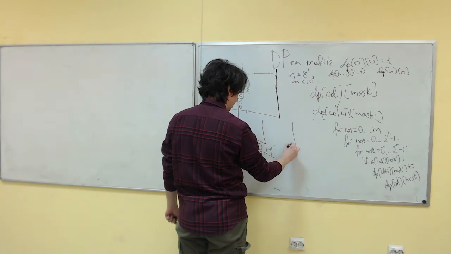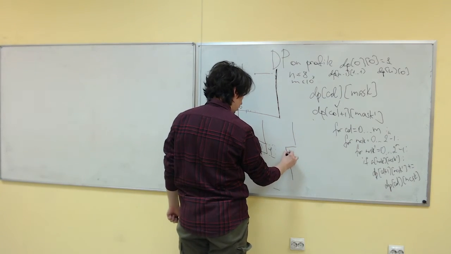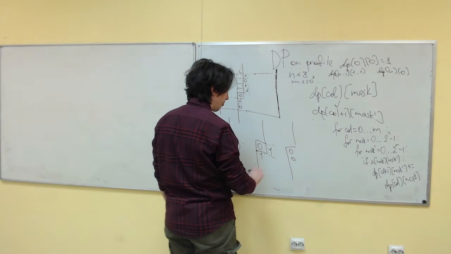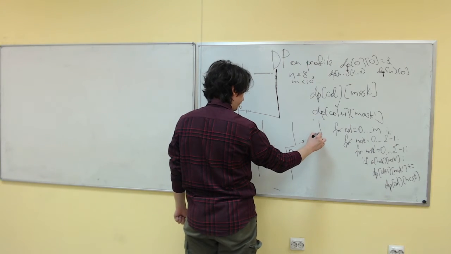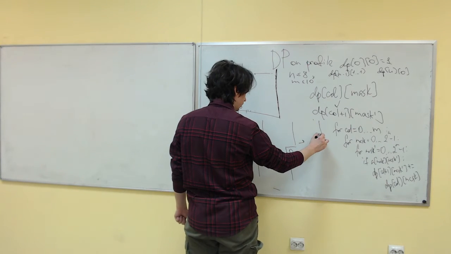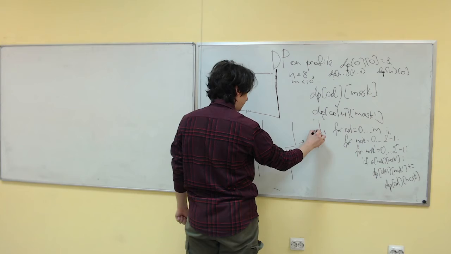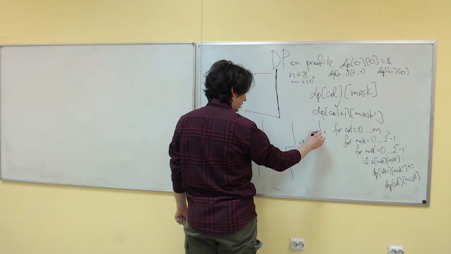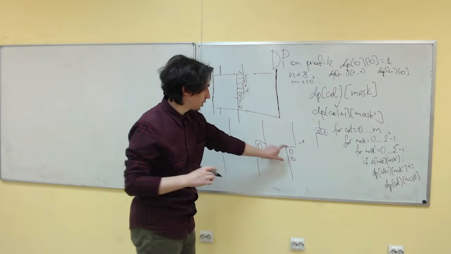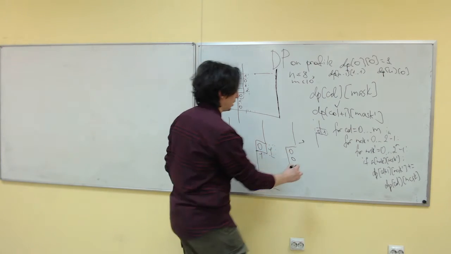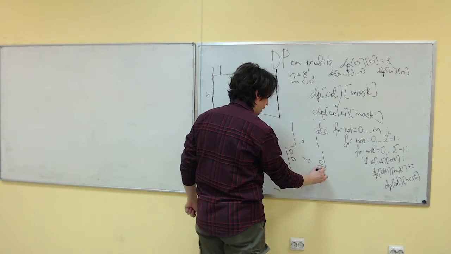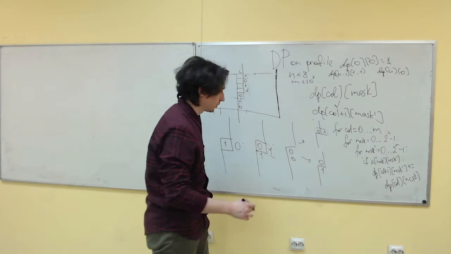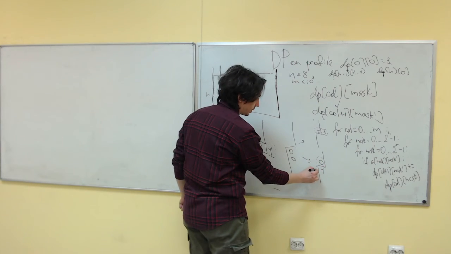If it is 0, 0, it can move to the state where the domino is put like that, or the domino is put vertical. Then we will move to the state where this was 0 and right now this is 1, like the domino is placed here.